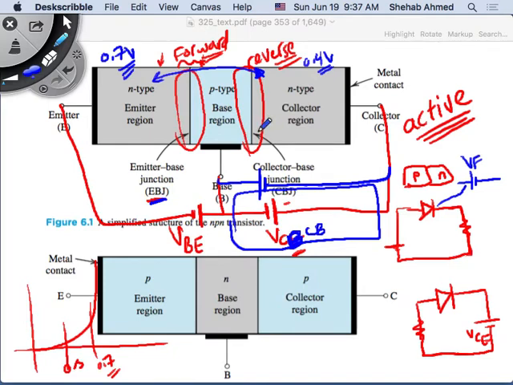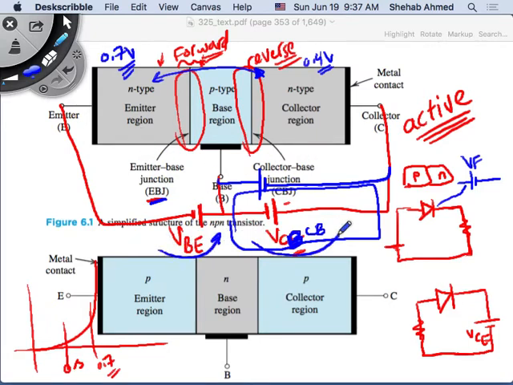There's a number for the cutoff and then saturation. So there's a number for this VCB and VBE that will put the device in saturation mode.